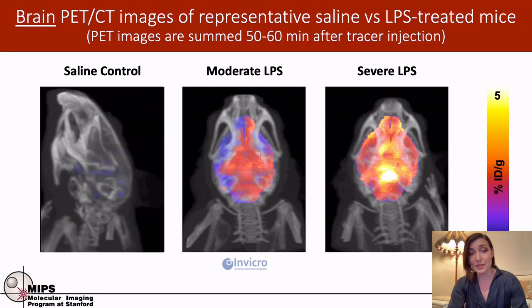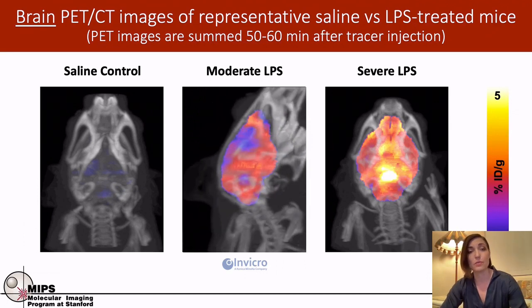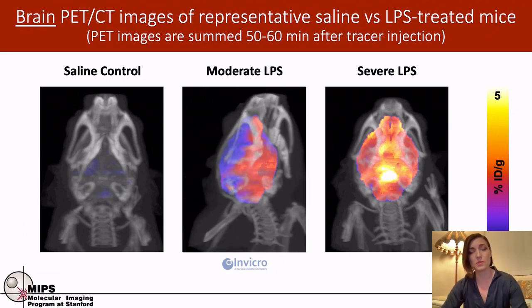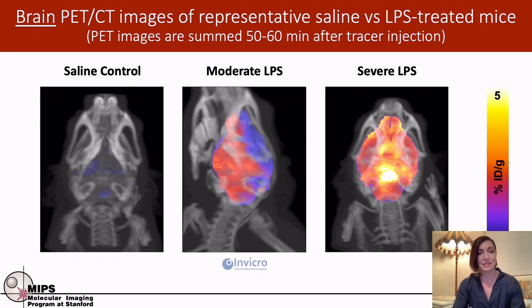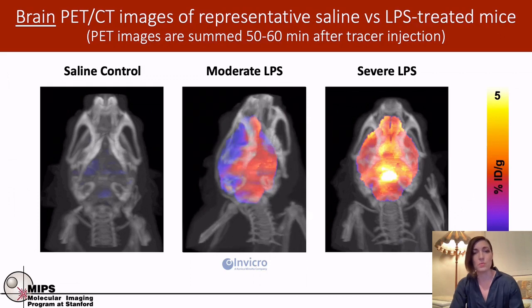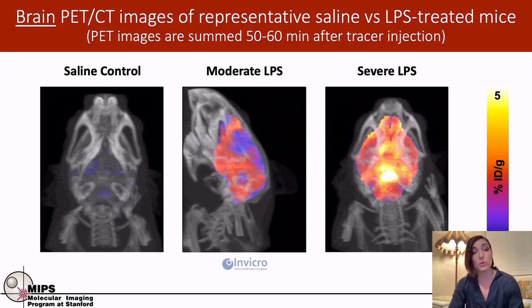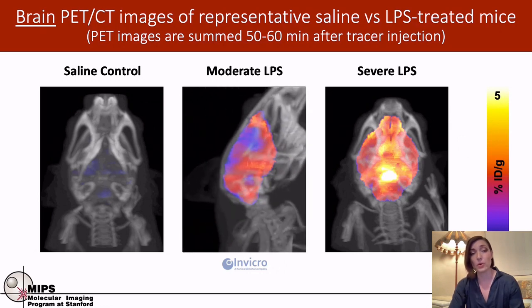And so nothing in the saline control. And then in the mice that have a sort of moderate sepsis score, so we score them using this murine sepsis scoring system, which looks at activity of the mouse, its grooming behavior and a whole set of features. But moderately sick mice had quite a bit of uptake occurring in the brain.